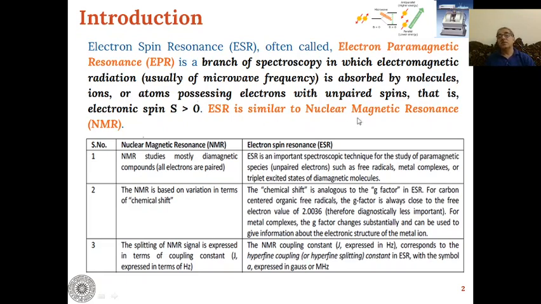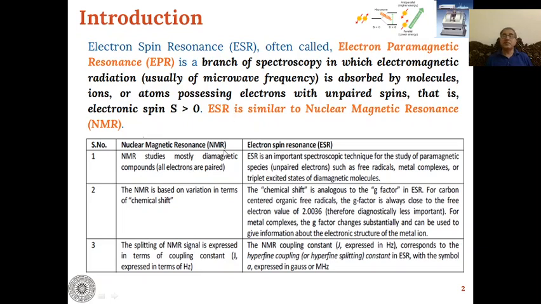ESR is similar to nuclear magnetic resonance spectroscopy, and the electromagnetic radiation generally used in EPR or ESR spectroscopy is in the microwave frequency region.